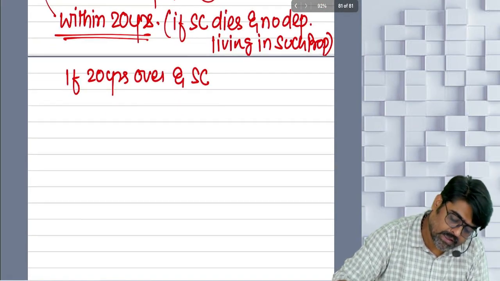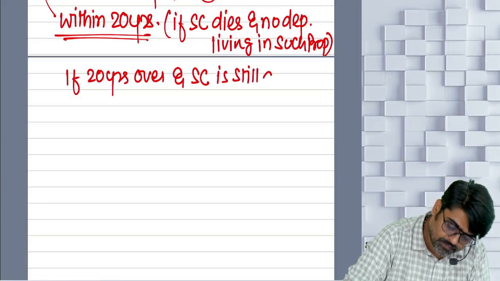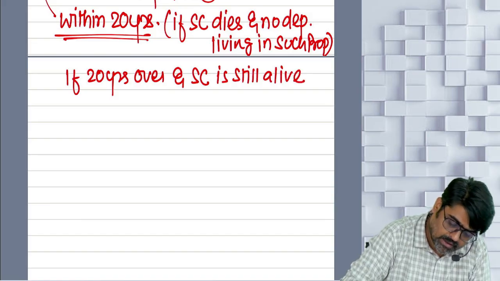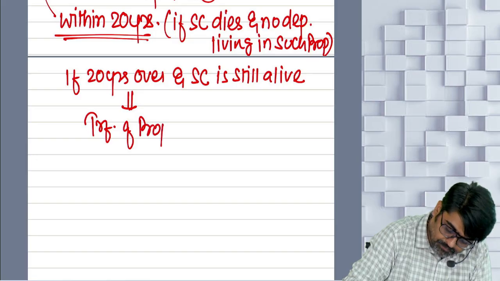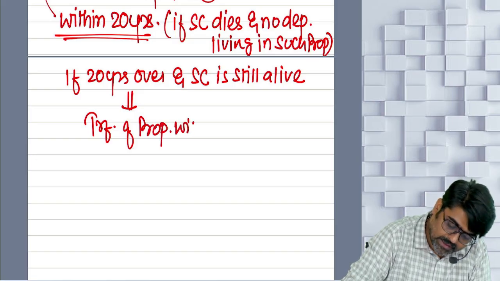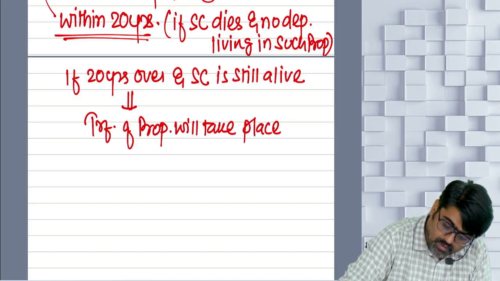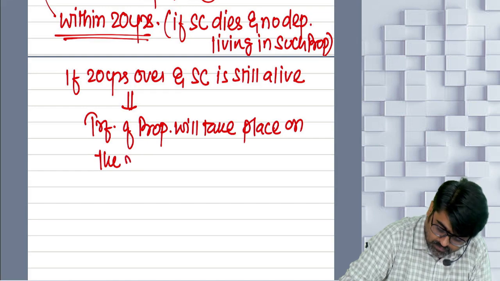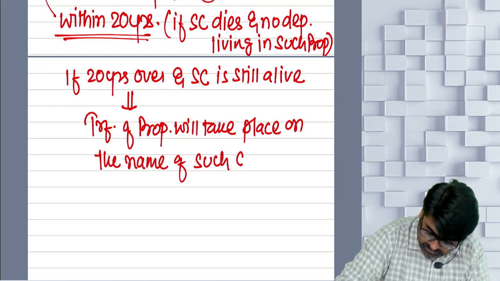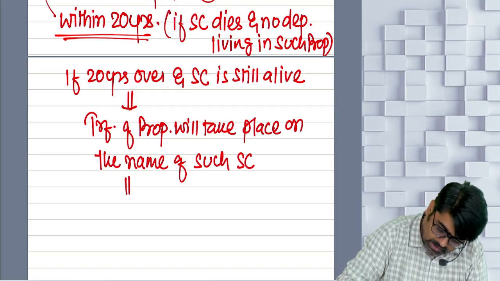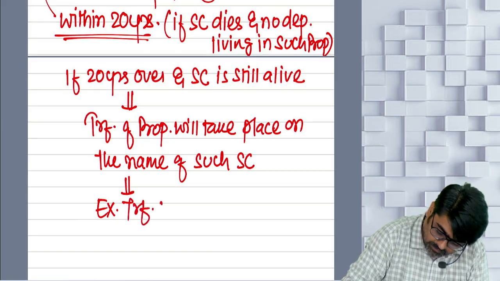If 20 years are over and the senior citizen is still alive, now the transfer of property will take place in the name of such senior citizen, and will this be an exempt transfer or not?